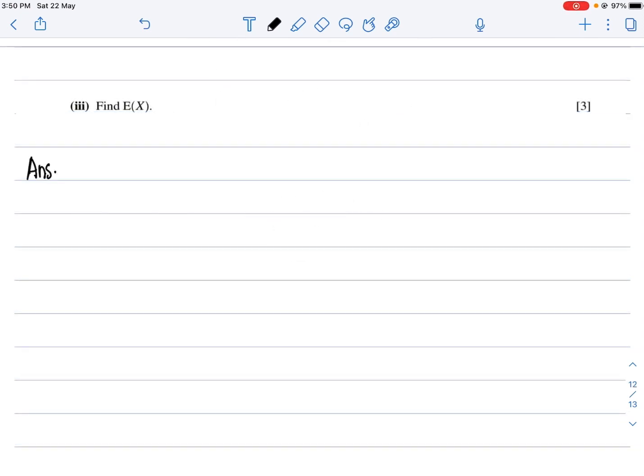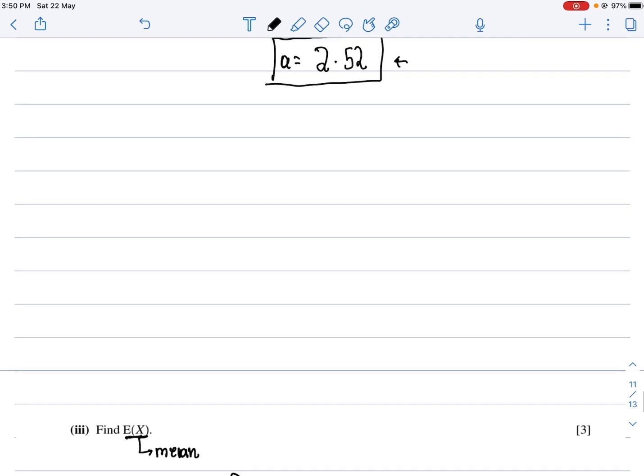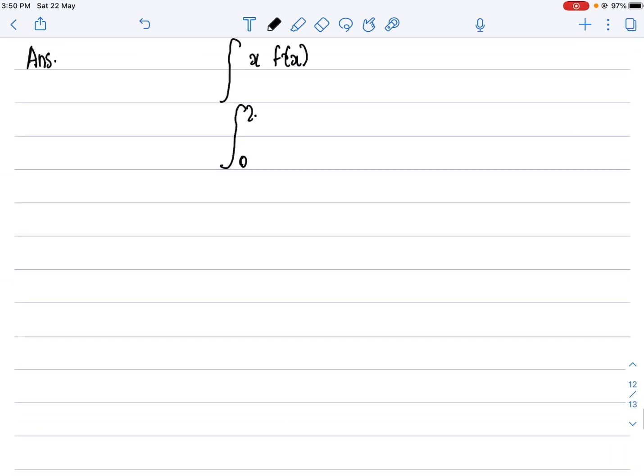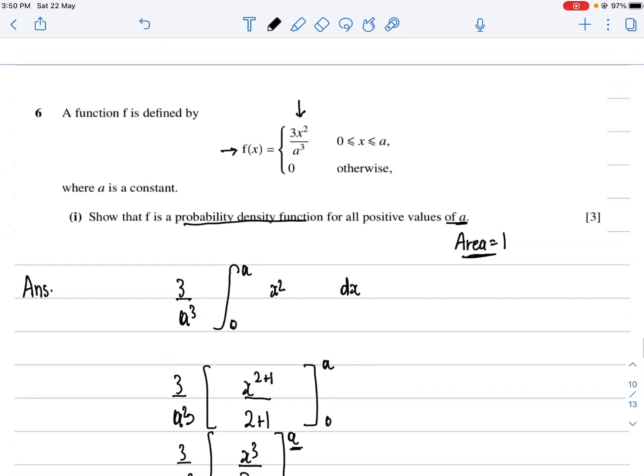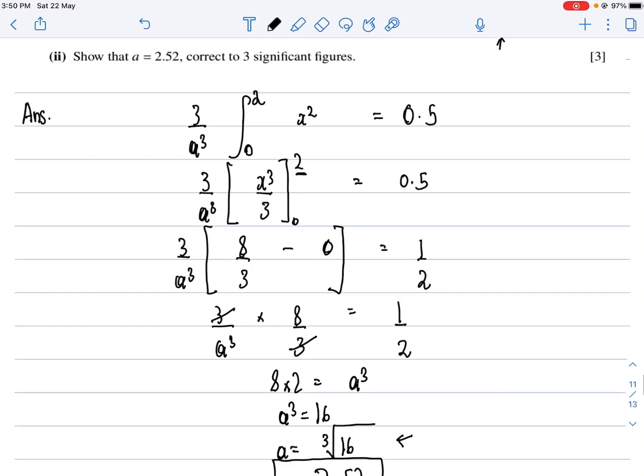This is the third part of my question. I need E of x here, which means I need the mean. The mean is given by the integral of x into f of x. My limits are 0 and 2.52, since in part 2 we calculated a was 2.52, with x into f of x, which is simply 3x square over a cube.